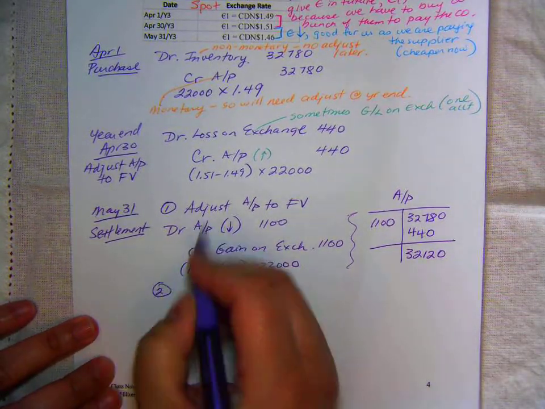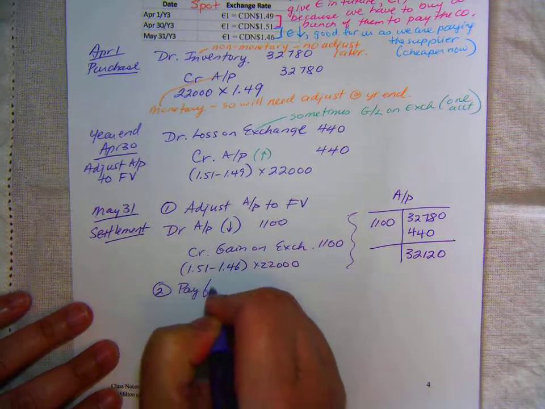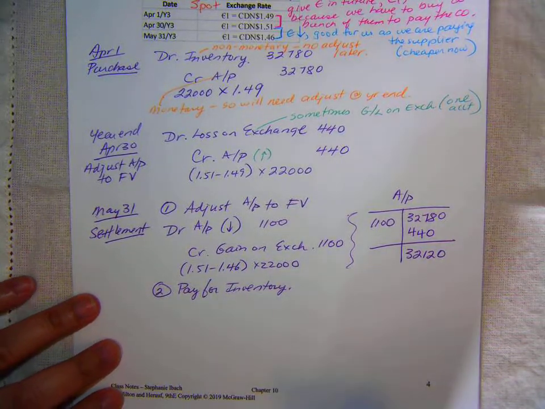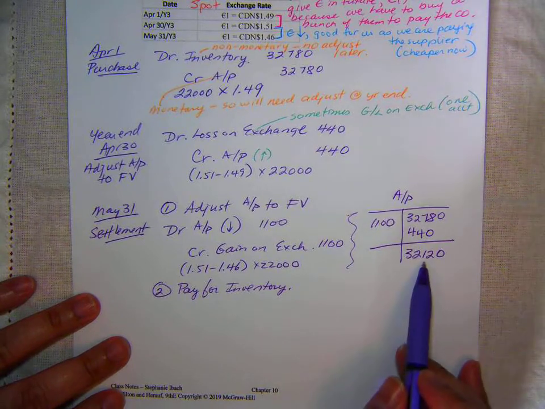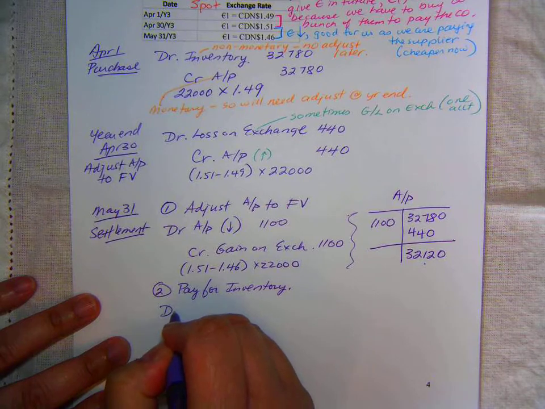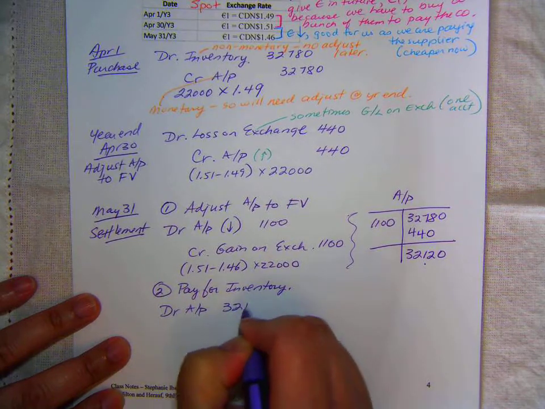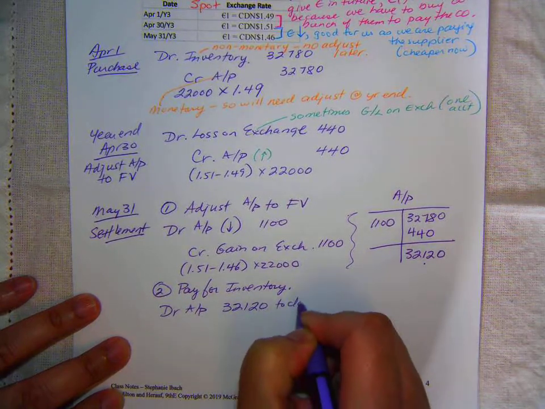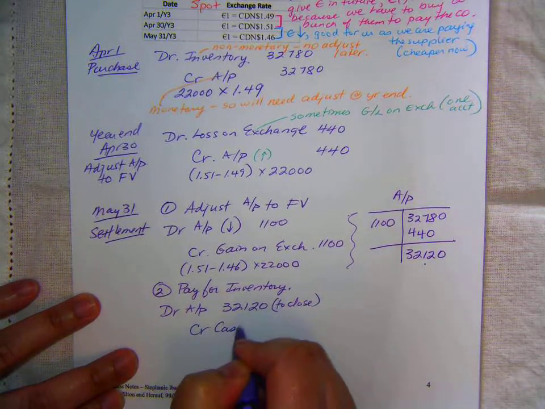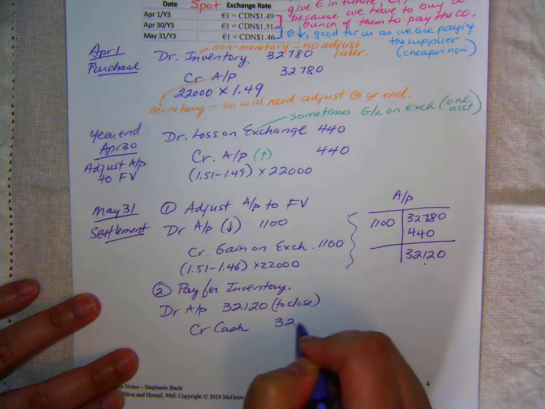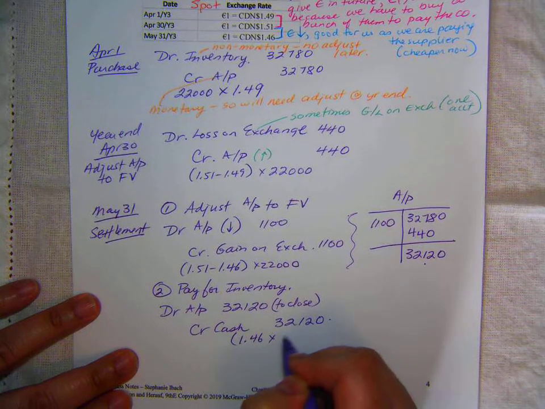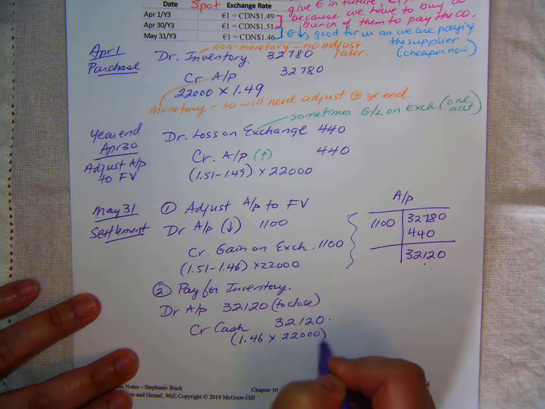So step 2 is pay for the inventory. So our accounts payable balance is 32,120. We're going to close AP for 32,120. And we're going to credit cash for 32,120, which is 1.46 times 22,000.